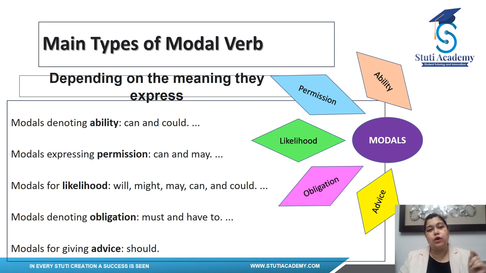Likelihood, words like will, might, may, can, would, express likelihood. Then you have obligation. Obligation is something that you are obliged to do, so must and have to. And modal verbs like should express advice. So these are the different meanings that modal verbs express.